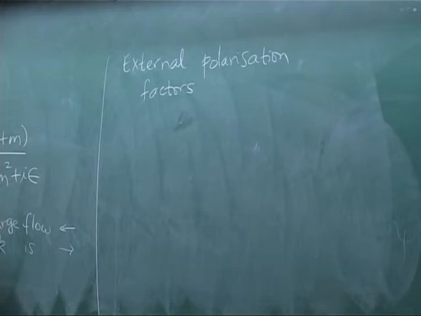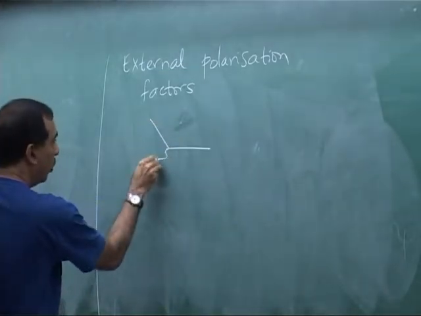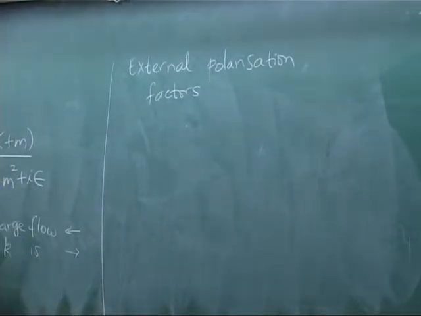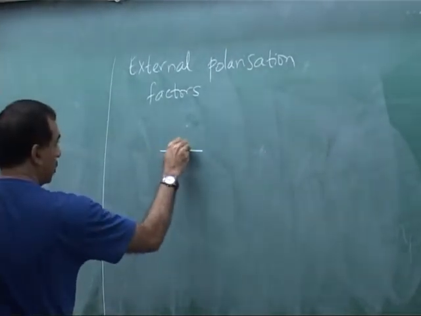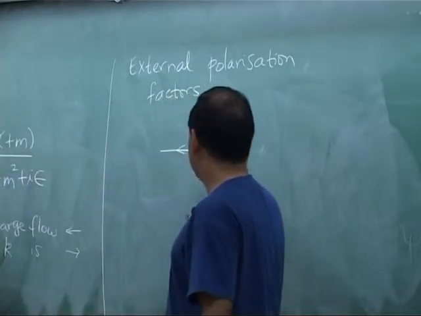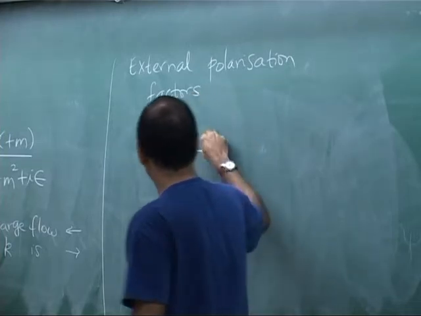So for example, for a fermion, if we have this structure, I should make a mark where I'm putting my external point.